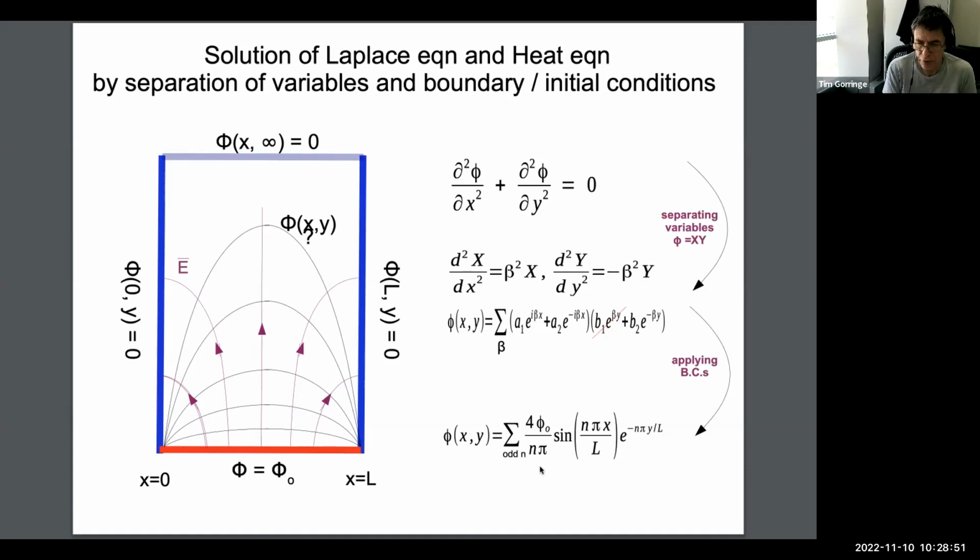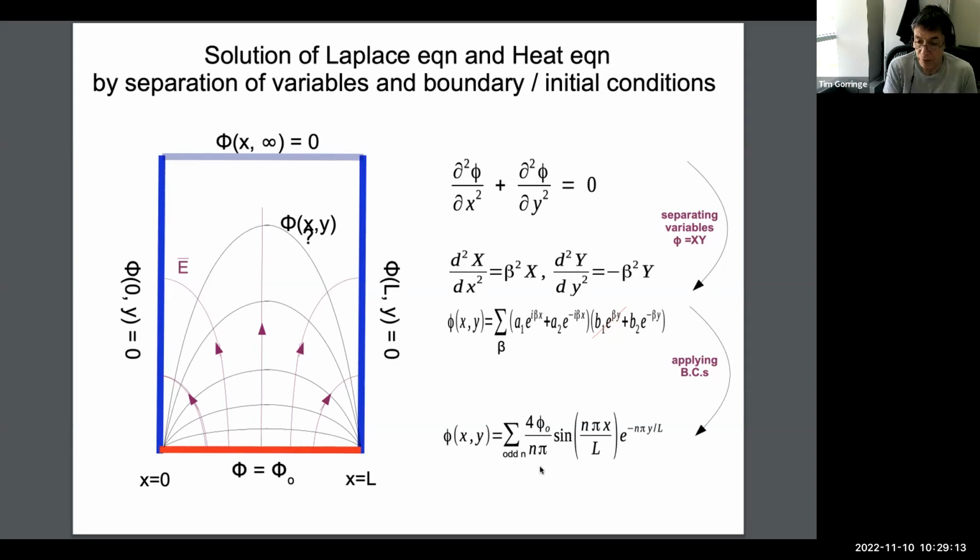So on the next 4 slides, I've got 2 slides about a theoretical solution to Laplace's equation. It's a reminder from last class. And then I've got 2 slides on the theoretical solution of the heat equation.